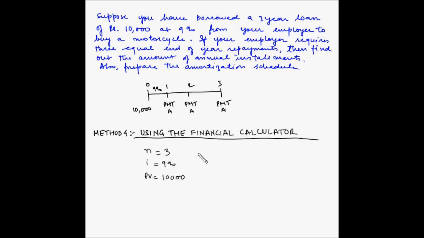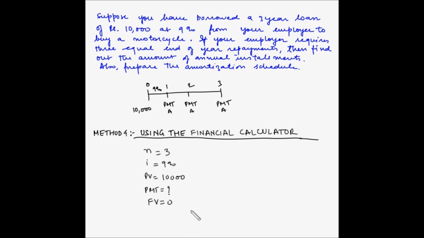Now while using the financial calculator, we have to take care of the sign. So since this is an inflow into our pocket, this is positive. Next is PMT, that is the payments, which we have to find out. Next is future value, which in this case is 0.